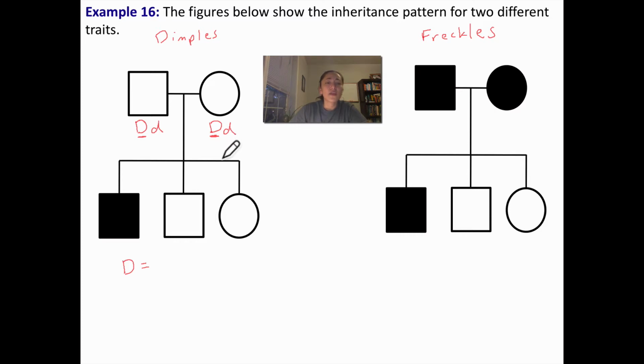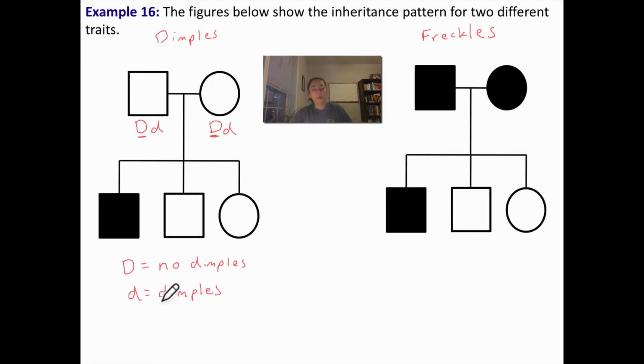So what do these people look like? Well, these individuals don't have dimples because they're not shaded in. So big D would have to equal no dimples. Well, what does that mean little d equals? Well, that means it has to equal dimples.